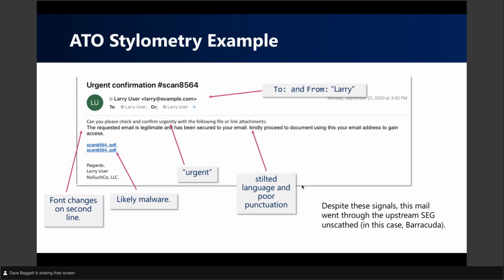The account itself is real. And there may be other signals here, like those PDFs, which might be malware, in which case this would be convicted just on the basis of that. But we do see a lot of these where really the only way to identify an account takeover is to use these stylometric indicators, and again, use this large-scale clustering approach.